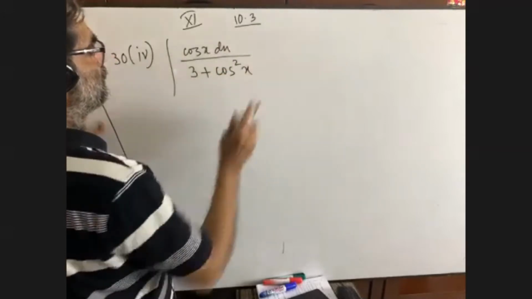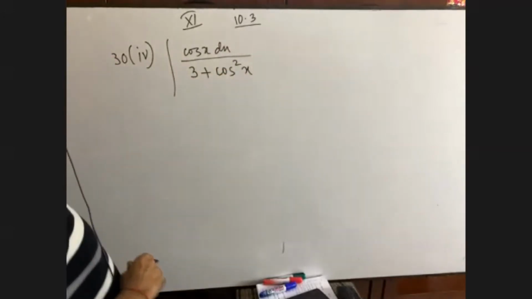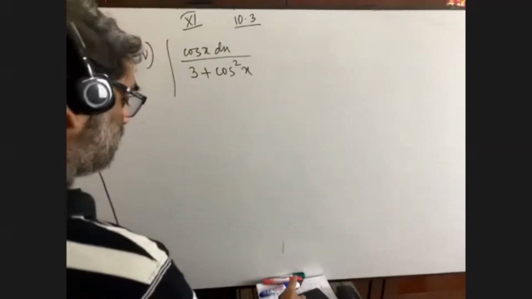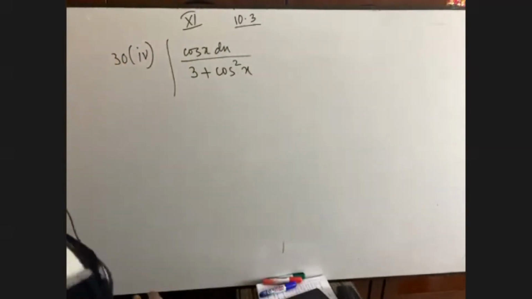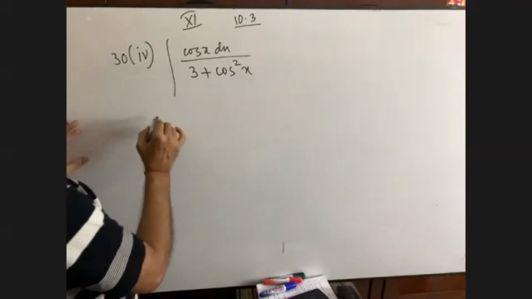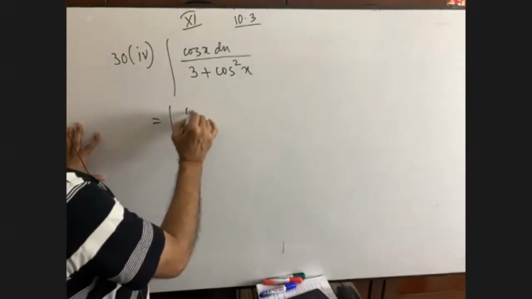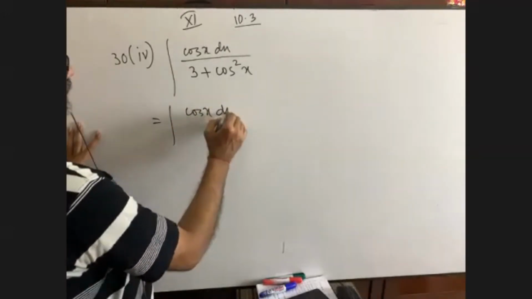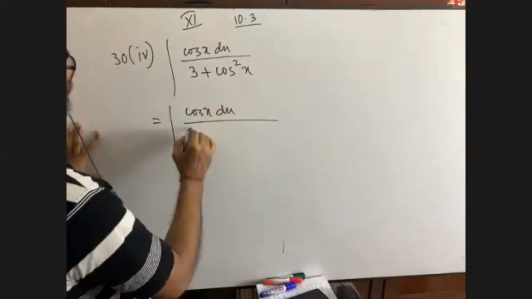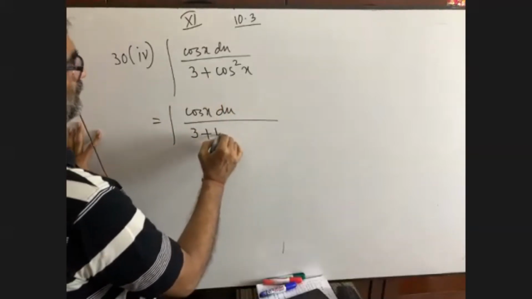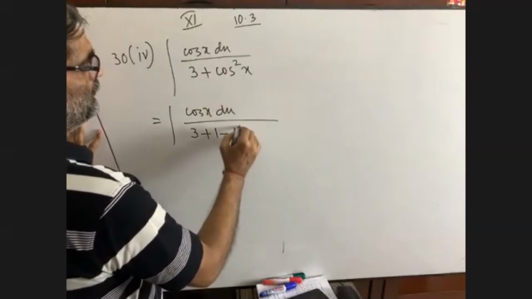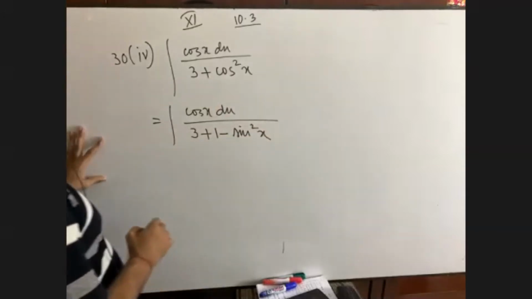What will you do? Just let me know. Can you please tell me? You see, it is cos x dx. Okay, very good. It is what? 3 plus 1 minus sin square x, right? Is it?